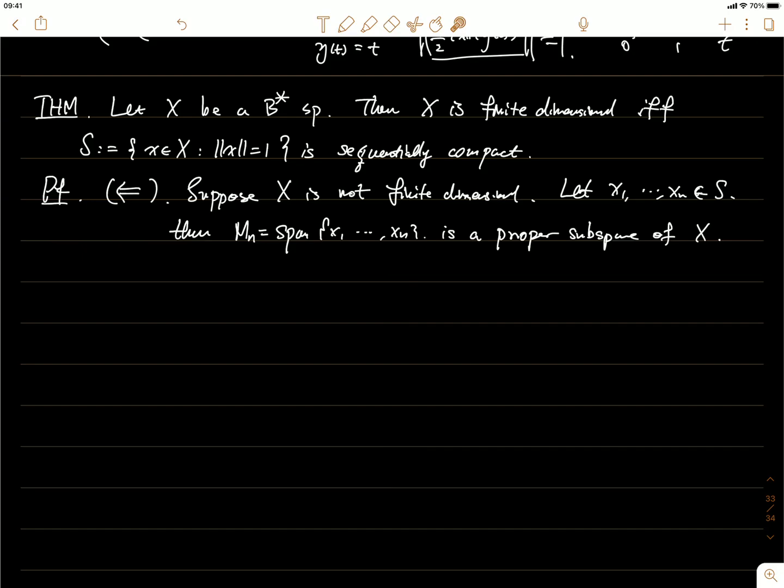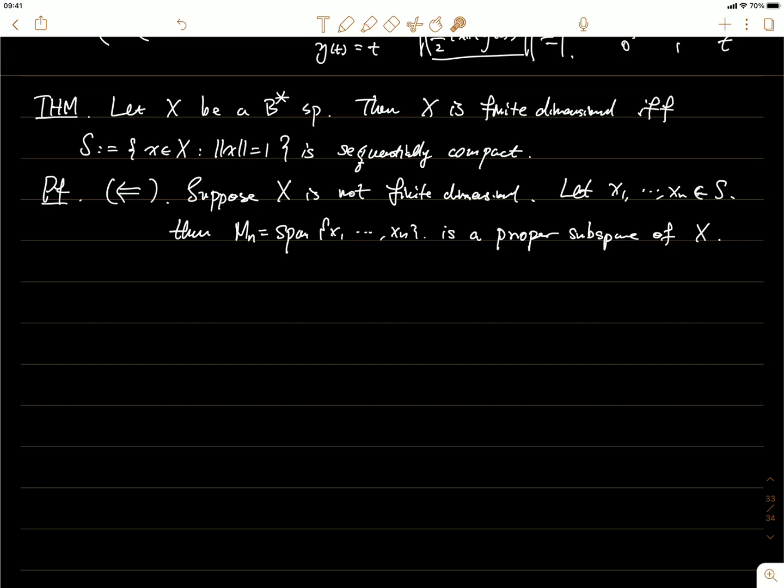That means this is a finite dimensional space because I only have finitely many vectors in here. So I can span everything in X by using this. So that means X is finite dimensional, and that is a contradiction. So if X is not finite dimensional, then no matter what vectors I choose from the unit sphere, the span of these vectors must be a proper subspace of X.